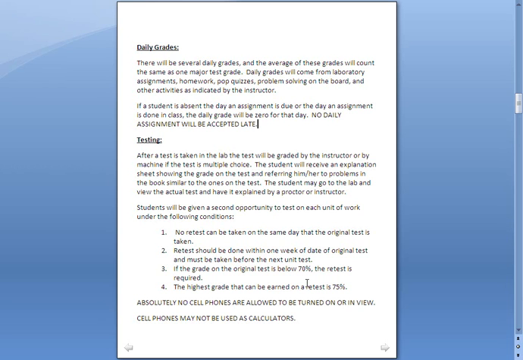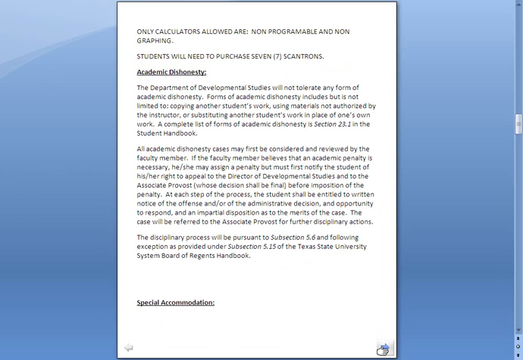Absolutely no cell phones are allowed to be turned on in our class or in view. Cell phones may not be used as calculators in our class. And so you want to make sure that you follow this particular rule because that is a big issue, cell phones. You cannot use programmable calculators in this class.